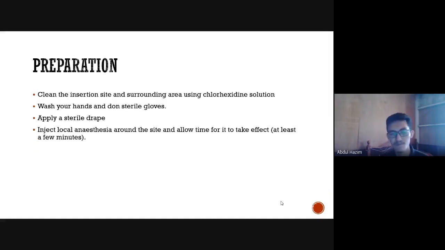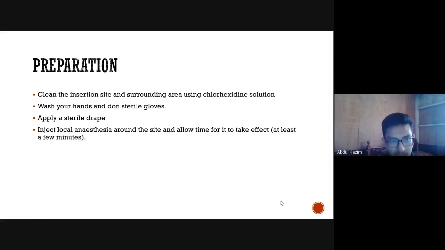So for the preparation, as for any other procedure, we should introduce ourselves and confirm the patient's information, explain the details of the procedure to the patient, and also gain consent.